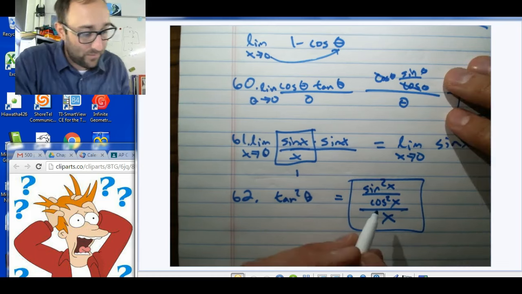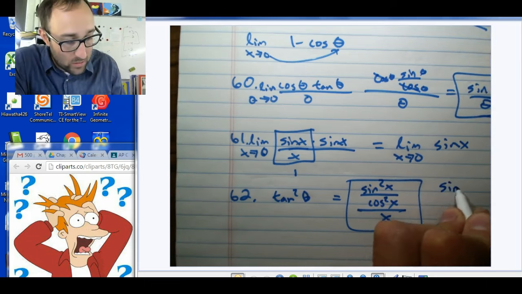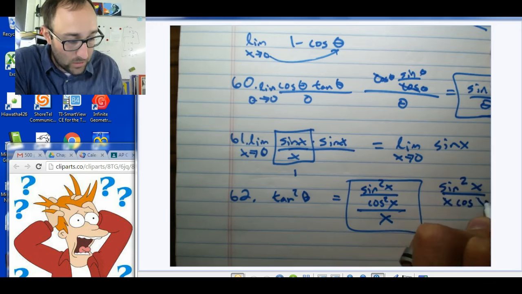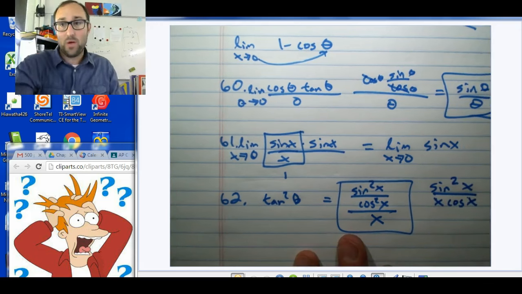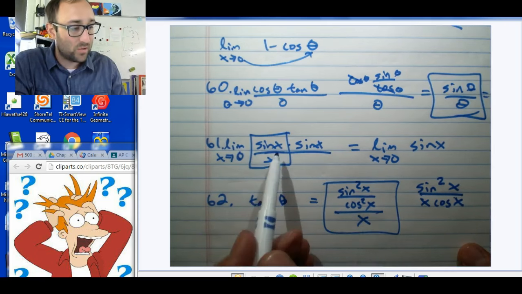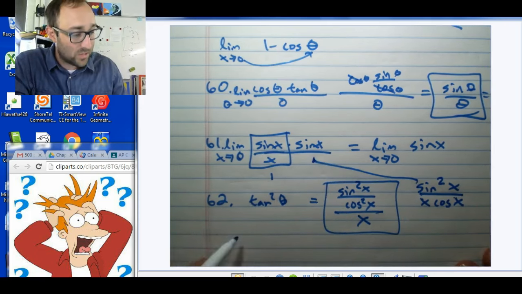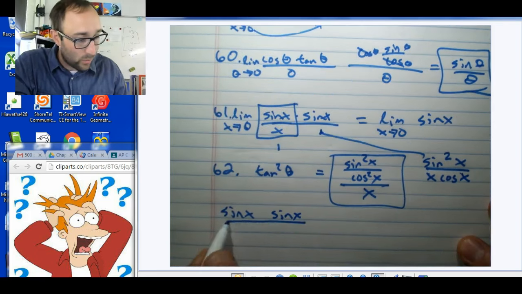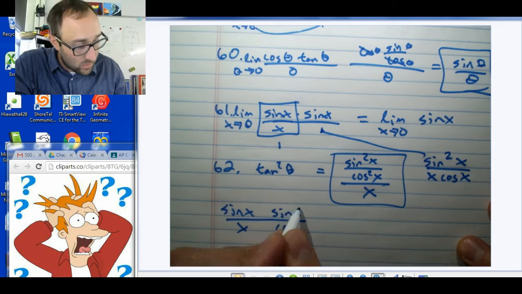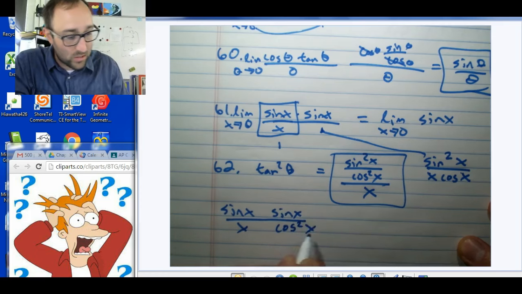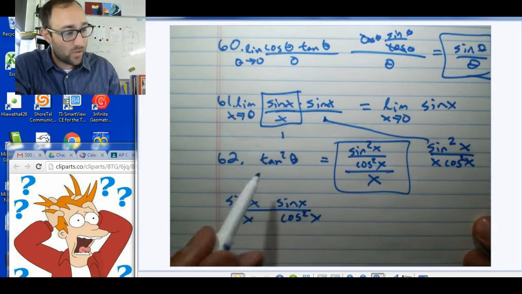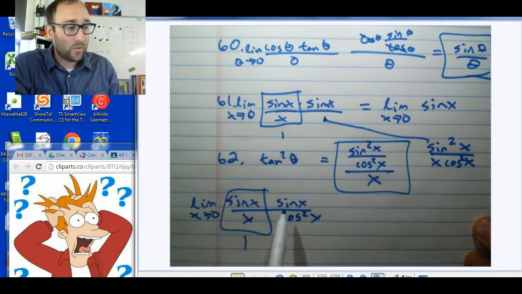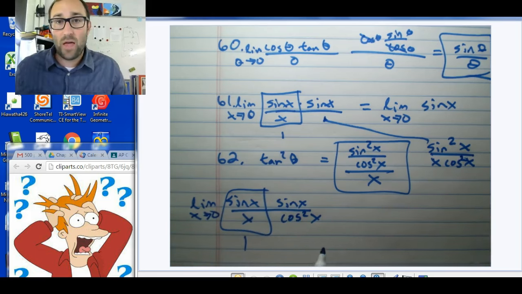And now we can say that this is the same as sine squared x over x cosine squared x. I didn't put that cosine squared in there, it should be. So now we have sine squared x, and we can do exactly what we did on the last one. We can say this is going to be sine x over x, and then sine x over cosine squared x. This whole first part is going to be 1 when we take the limit as x approaches 0. And then we take sine x over cosine squared x, and then we'll have our answer.